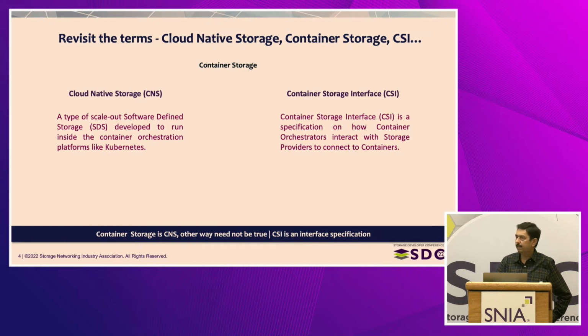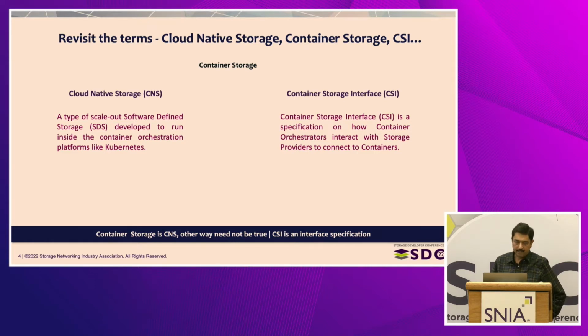So basically, you are building a storage system deployed on Kubernetes. Now, this can serve Kubernetes-based applications, or this can serve non-Kubernetes-based applications as well, something like as a service. So that is cloud native storage.